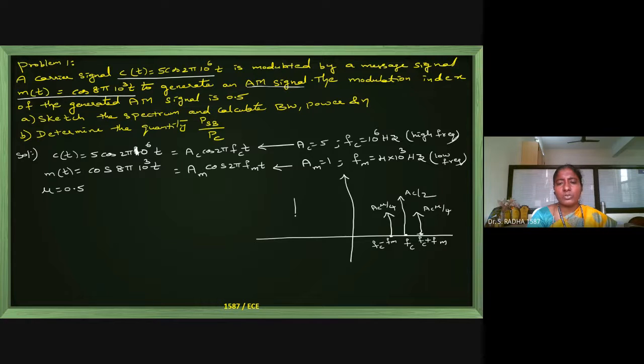On the left side also we will have the carrier component Ac by 2, and on either side Ac mu by 4 and Ac mu by 4, at minus fc plus fm and minus fc minus fm. These are the three frequencies on the left side.